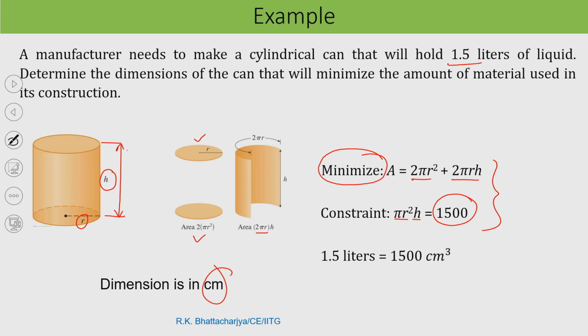If I solve this problem, I will get the values of r and h, and that will be the optimal solution. If you use that, the construction cost of this particular can will be minimum. We will find out the values of r and h anyway.